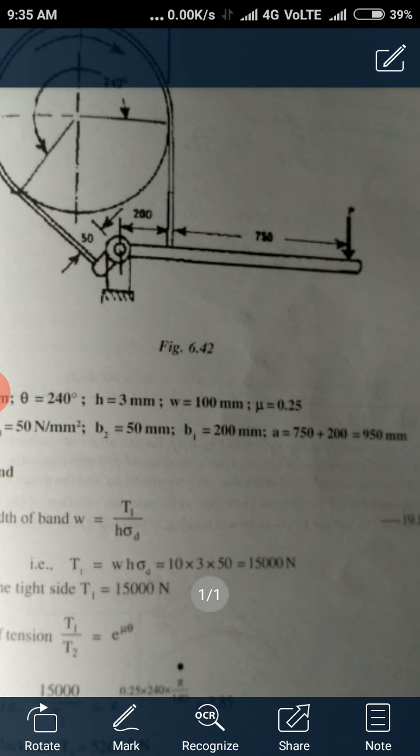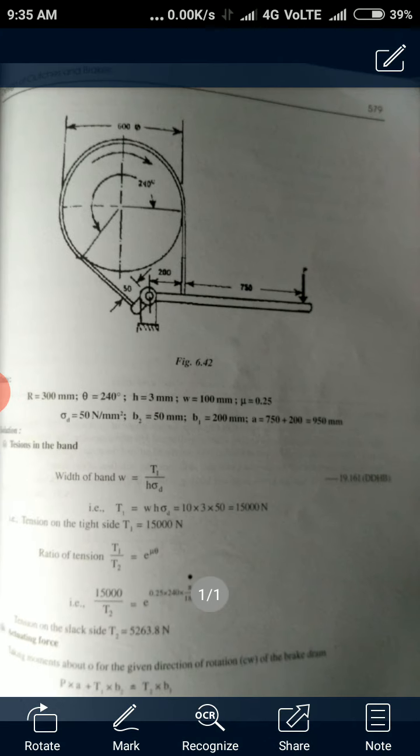So 200 plus 750, how much is it? 950 mm. Okay, so for this we have to calculate the tensions T1, T2, the torque, as well as the self-locking. And you can see here, already given in the sketch, the drum is rotating in clockwise rotation.